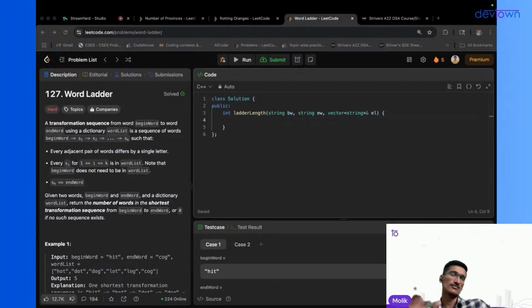For example, in problems like shortest path, you will need BFS. Basically, in any problem, if you need level order traversal, you try to think of BFS, path finding problems or shortest path problems. Okay, so I hope it's clear to everyone.